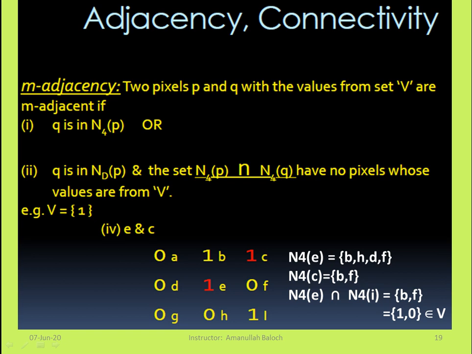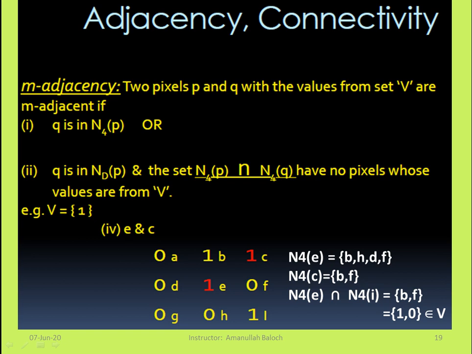B and F, because this pixel is also a corner pixel and it is missing one neighbor from up and one neighbor from the right. So only 2 pixels are considered neighbors of C. N4 of C is equal to B, F.